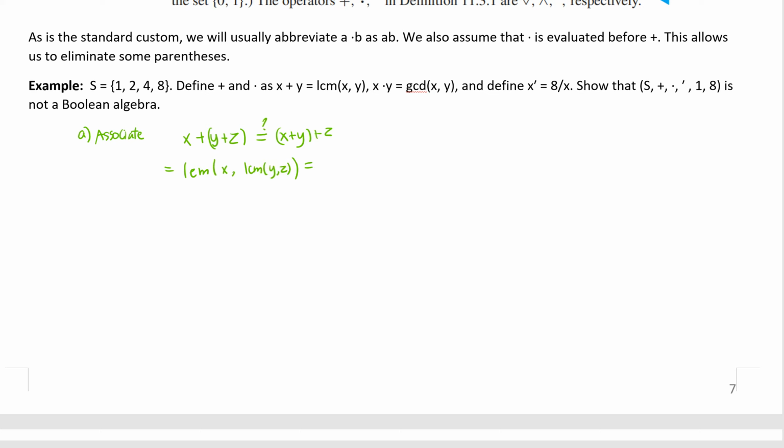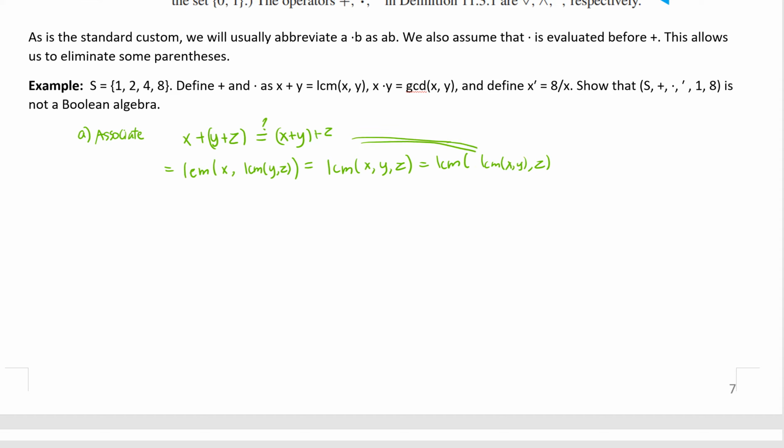This is the same as the LCM of all 3 of them, the least common multiple of all 3. So that's why it's also the LCM of x and y, and then we can do the LCM of that and z. So this is the right hand side.